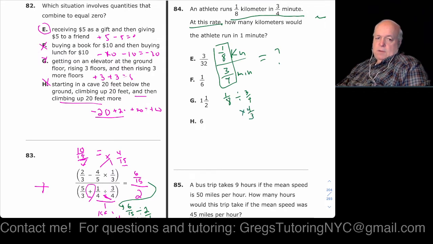Depending on keep, change, flip, you keep the original fraction, you change the sign from a divide to multiply, and you flip that. At that point, we get 4/24, and that's equal to 1/6. If you wanted to, you could cancel the 4 into itself and still get 1/6, right? So the answer is 1/6 F.